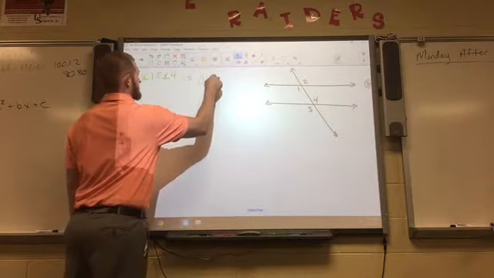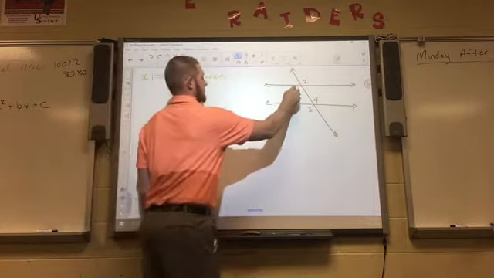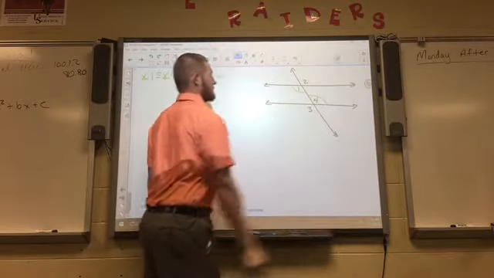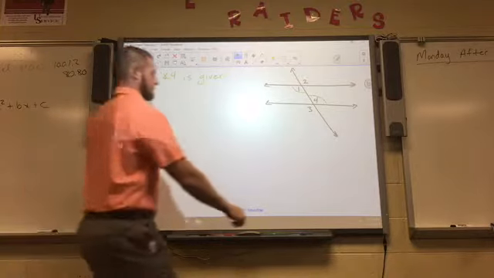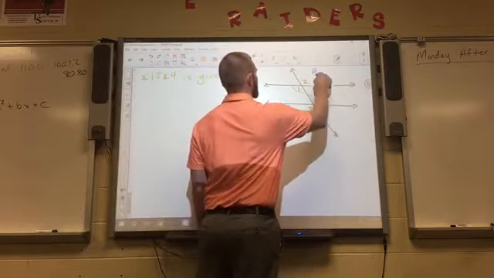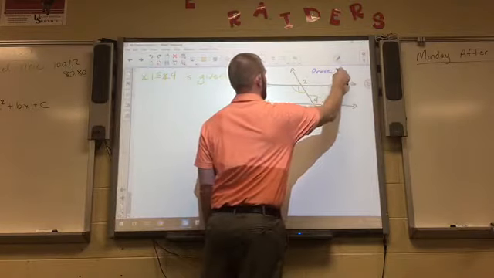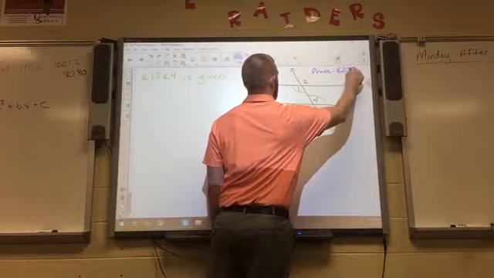So that is given. So I'm going to go ahead and mark that. And we are trying to prove that angle 2 is congruent to angle 3.